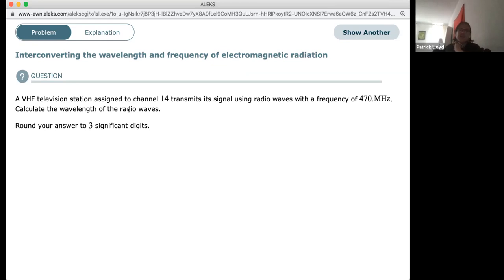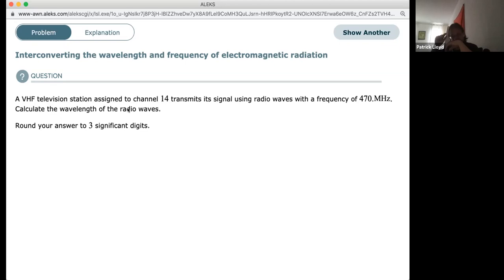In any case, that's called the carrier frequency. That's the frequency of the waves that are traveling through the air or through a wire. There's a vibrational frequency. Now think about what that number is, 470 megahertz. Mega is a million, right? 10 to the 6. So that's 470 million hertz. That's how many cycles these waves are vibrating every second.